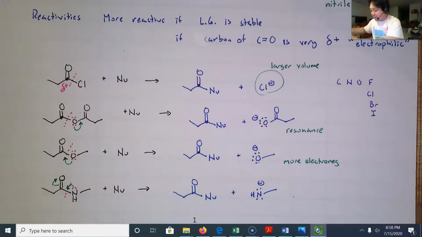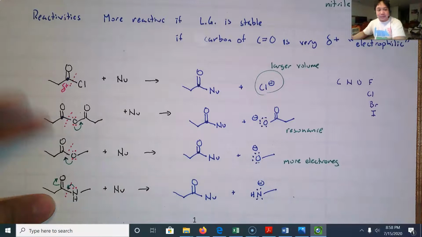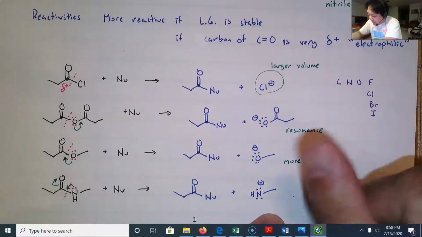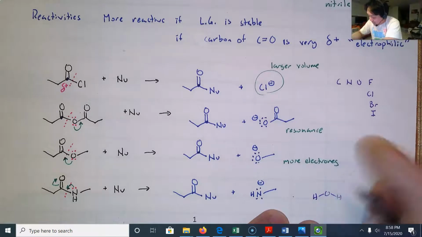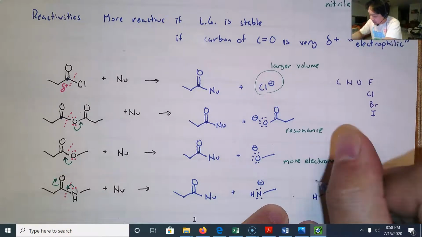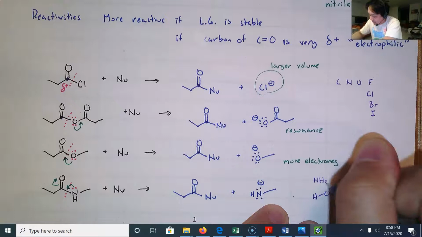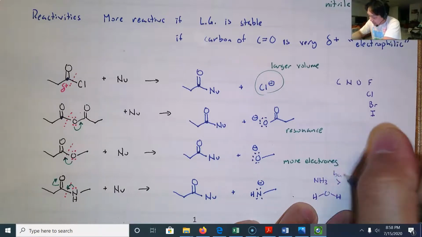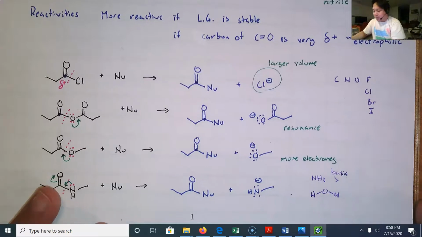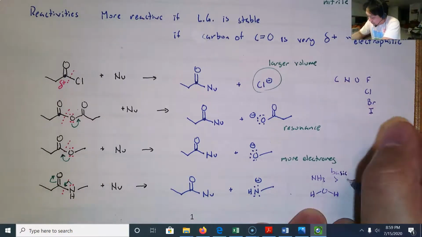I always try to memorize that because that helps me remember some of these trends when I apply it to, in this case, reactivity. Right? Let's do ammonia. Ammonia is more basic than water. Let me draw it here.